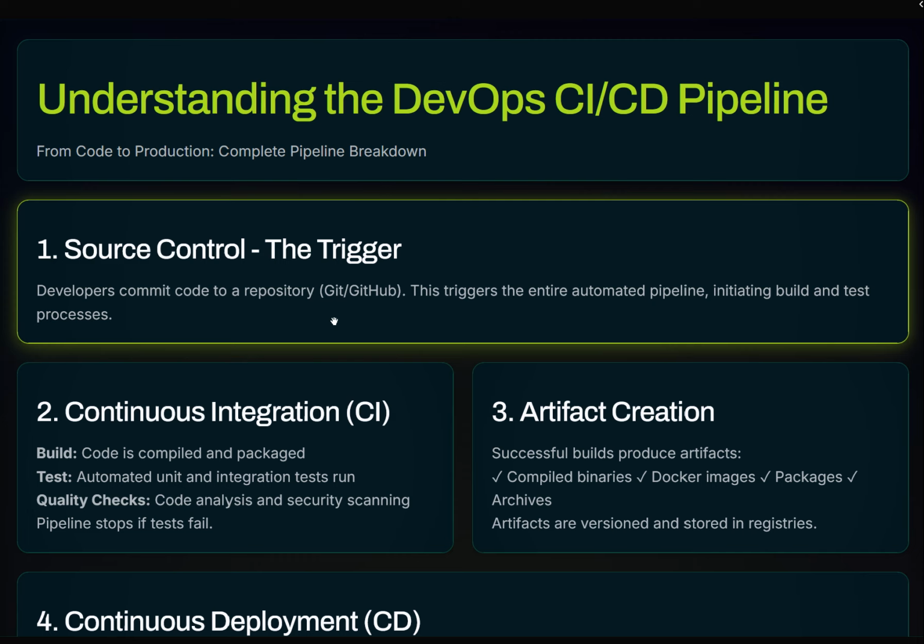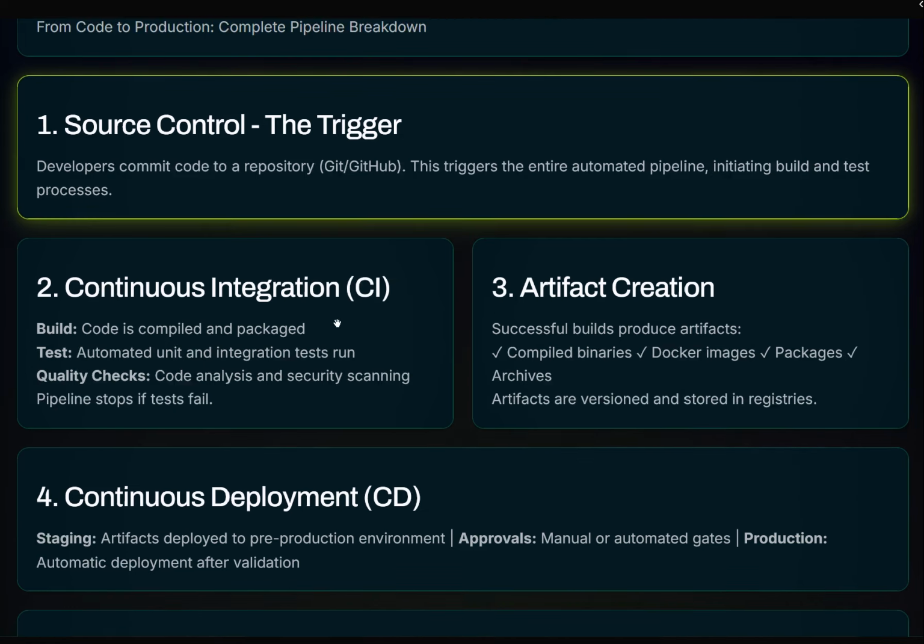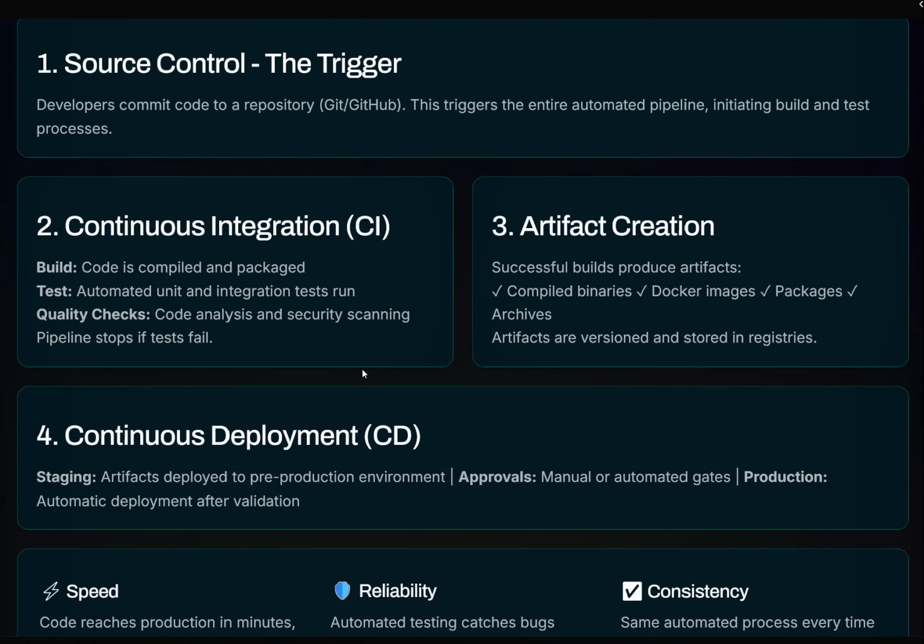This triggers the entire automated pipeline, initiating the build and test process. So the process starts when you commit code to a repository. You copy your code into the repository and then you start this pipeline process. That's the first one, the trigger.